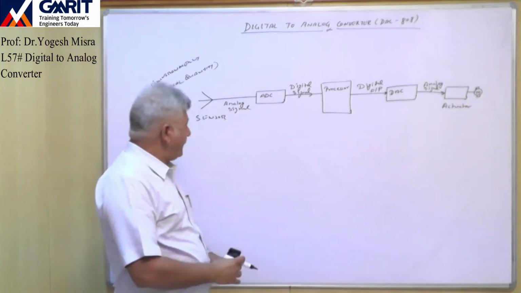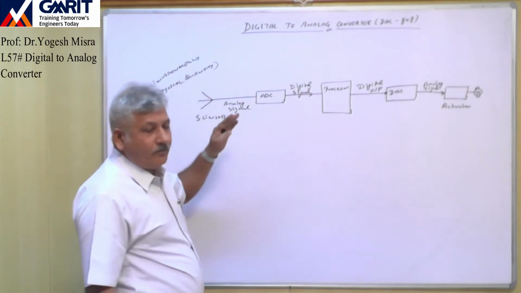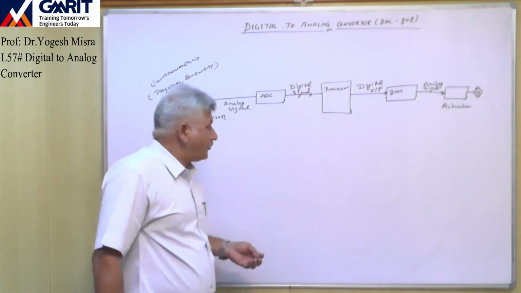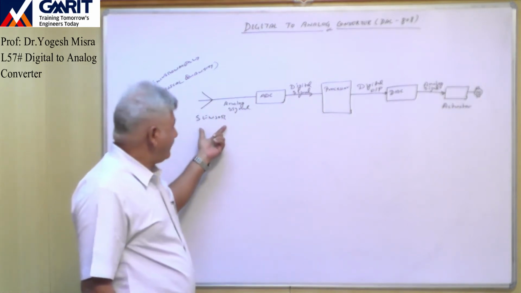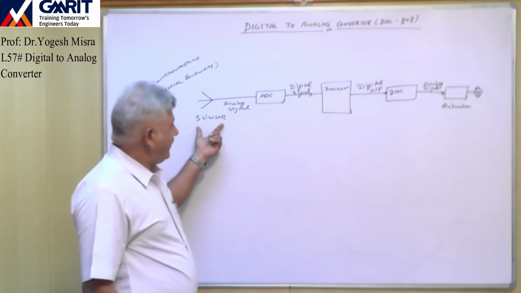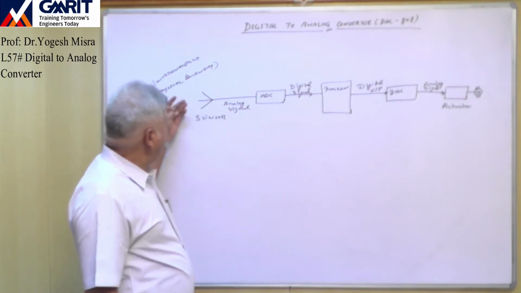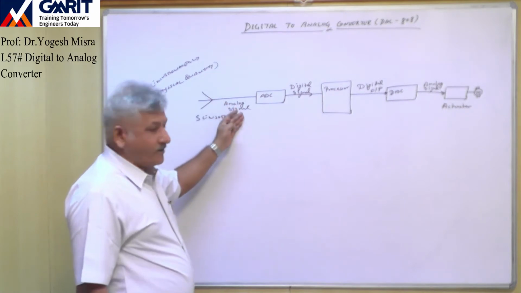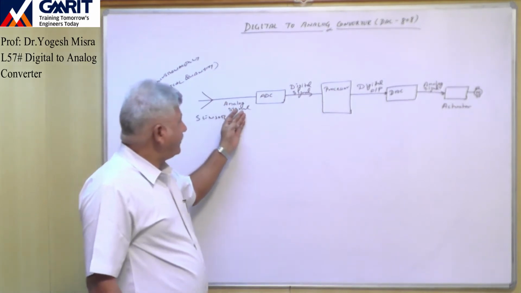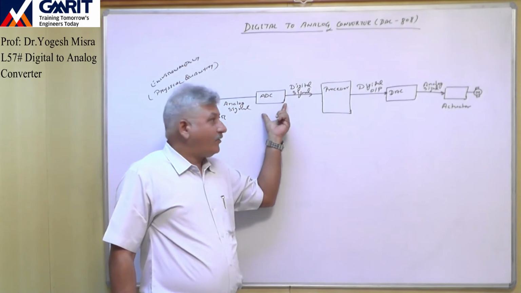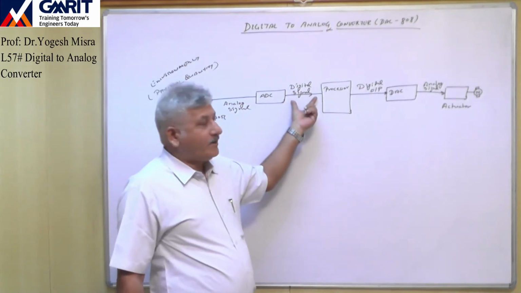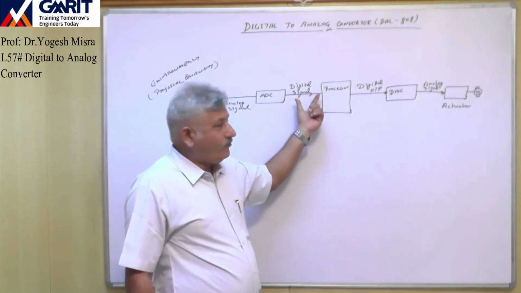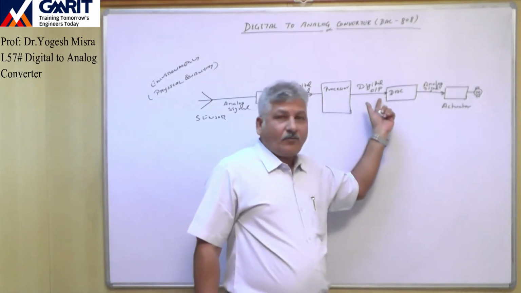One simple application is, suppose we want to control the temperature of this room. There we will use a temperature sensor IC like LM35. It will sense the current temperature of the room and generate an analog signal. The analog signal will be passed through the analog to digital converter, giving a digital signal. The processor will process this digital value and generate some digital output.